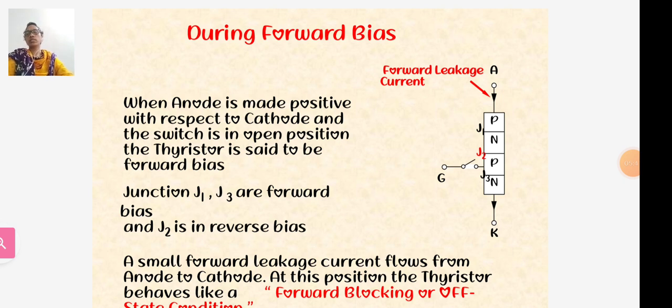So this is the important point in SCR forward biasing. When we are increasing the voltage, at a particular voltage, the junction J2 will break down. That is called avalanche breakdown, and that voltage is called the forward breakover voltage, shown as VBO.